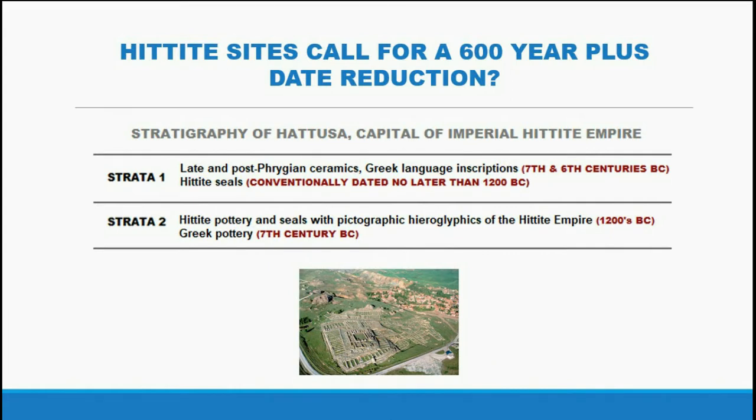Well, the sole reason for this date was the treaty signed between Hattusa III and Rameses II of the 19th dynasty of Egypt. Egyptian chronology places Rameses II firmly in the 13th century. Now, Gordian, read in the normal archaeological way, calls for a revision of the date of Ramses the Great by some 600 plus years.